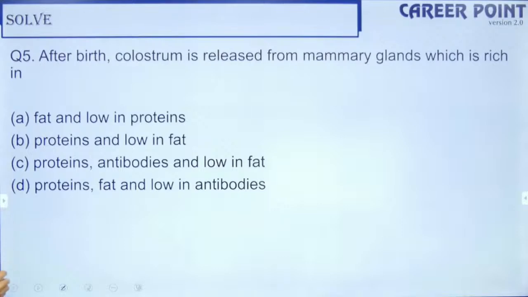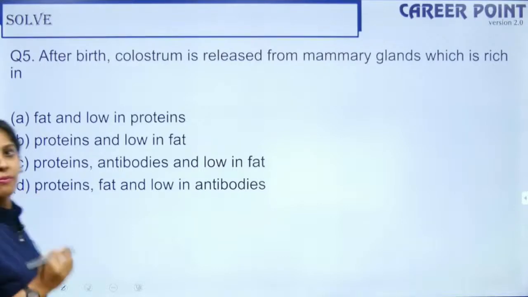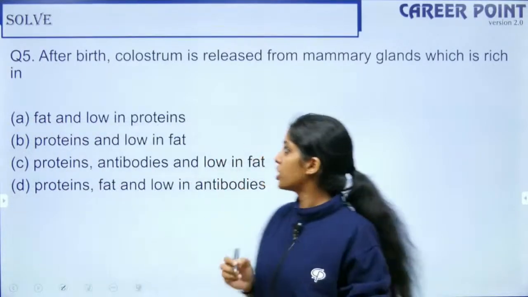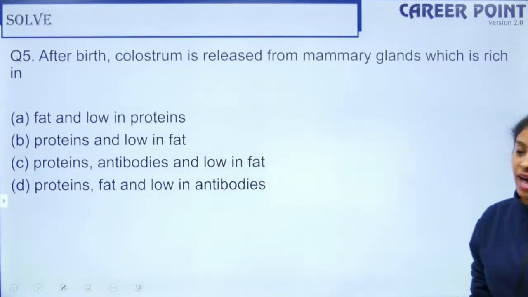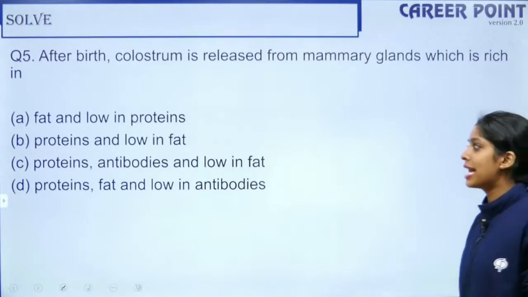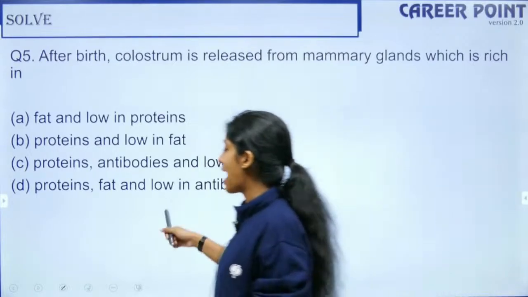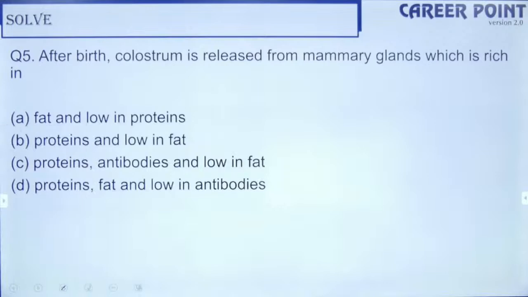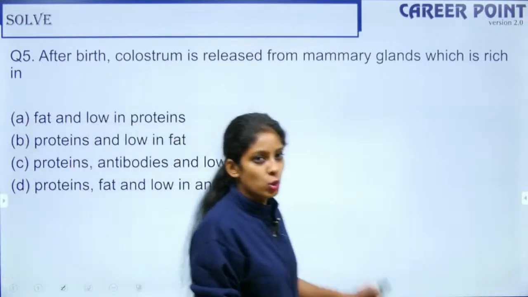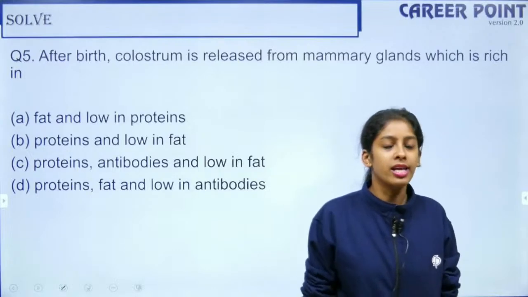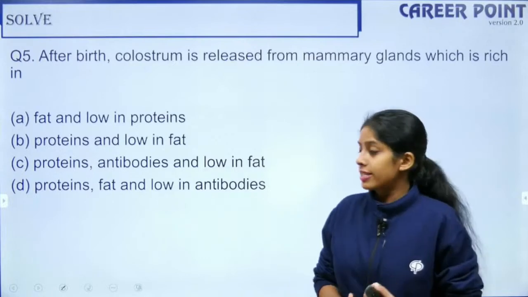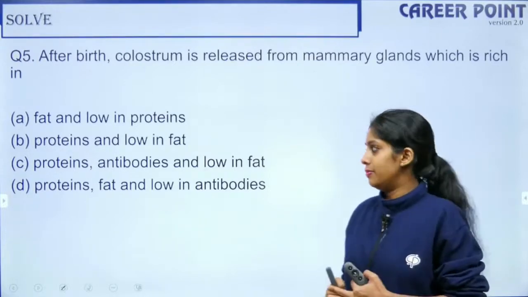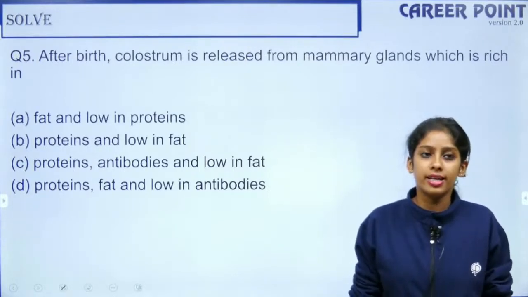So after birth, colostrum is released from the mammary glands, which is rich in fat and low in proteins, or rich in proteins and low in fat, or rich in proteins, antibodies and low in fat, or rich in proteins, fat and low in antibodies. So question number 5, which is the answer? We have already solved this question before. What is the answer here?